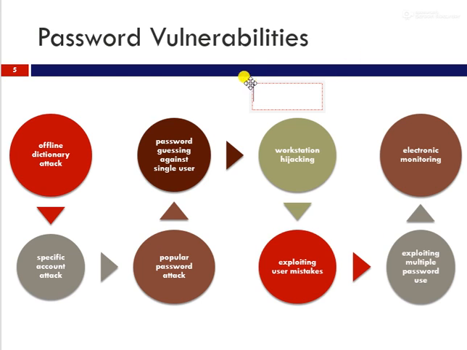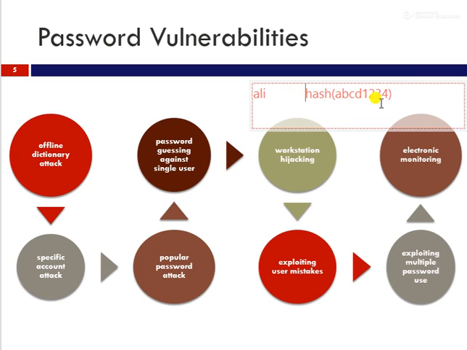It will be something like this: user1, username, and whatever the password of Ali is, let's say the password of Ali is ABCD1234. So what will the system do? The system will calculate the hash of the password of Ali and store it in its database like this.